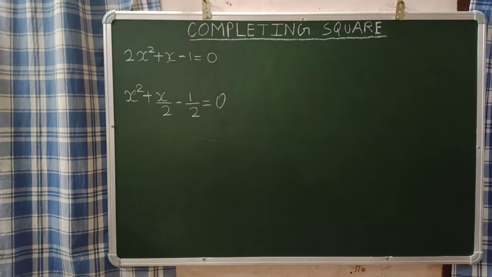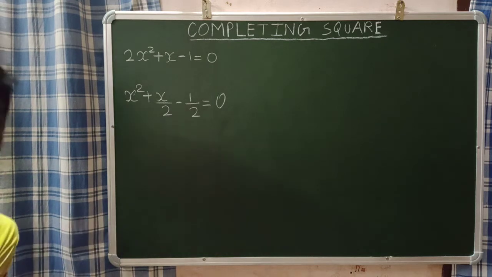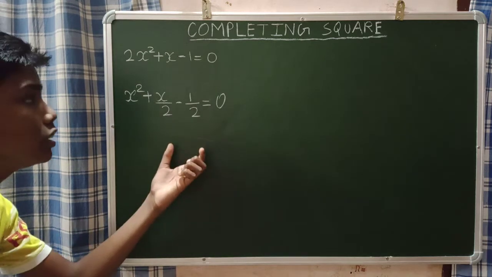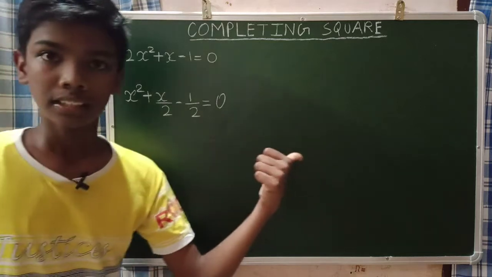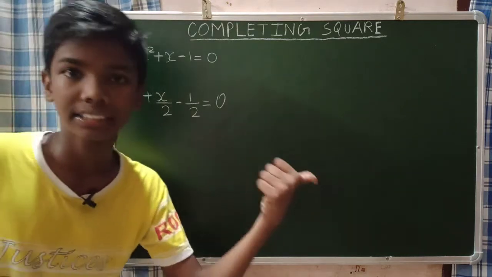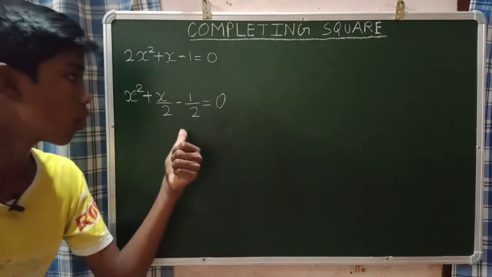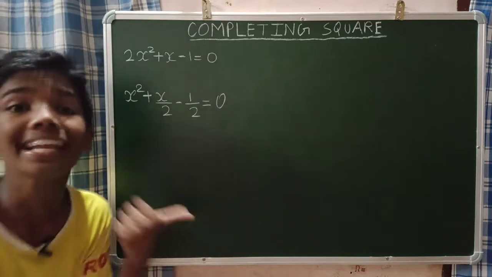Now, the next step is to take the constant term to the right hand side. Just transpose it. Take the constant term minus 1 by 2 to the right hand side.